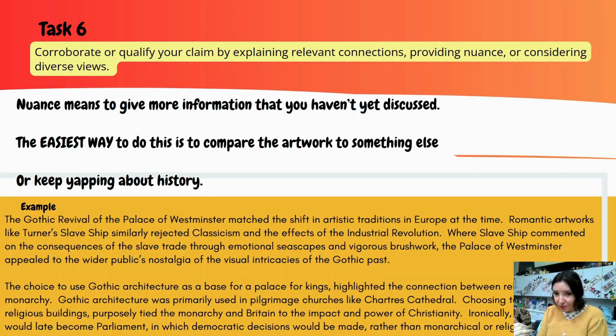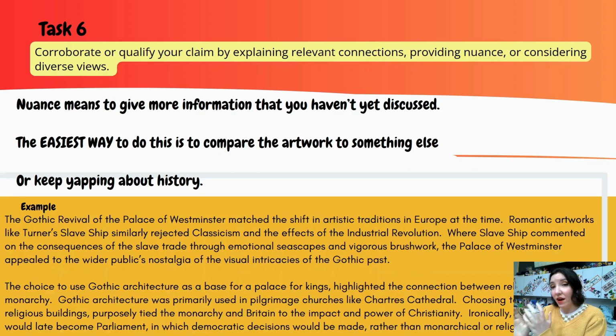Another option is that I say that the choice to use Gothic architecture as a base for the Palace for Kings highlighted the connection between religion and monarchy. Gothic architecture was primarily used in pilgrimage churches like Chartres Cathedral. Choosing to reference religious buildings purposely tied the monarchy and Britain to the impact and power of Christianity. Ironically, Westminster would later become Parliament, in which democratic decisions would be made rather than monarchical or religious rule.